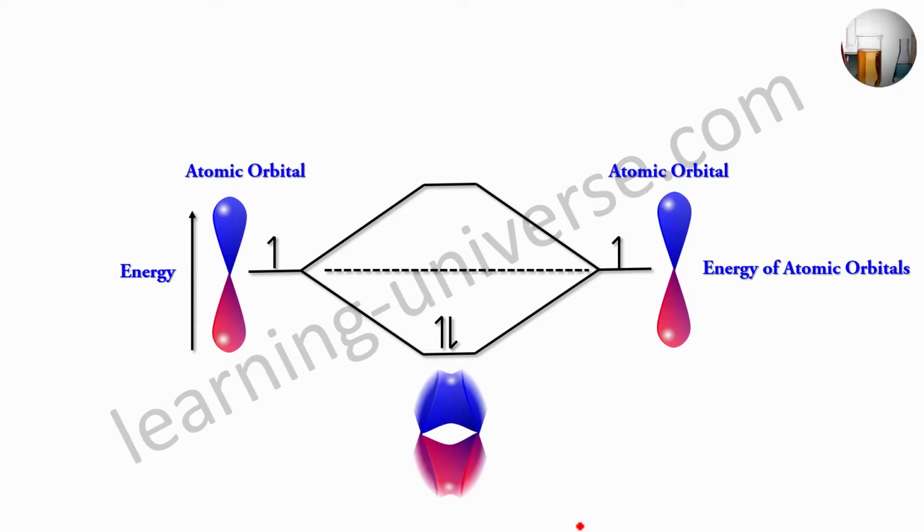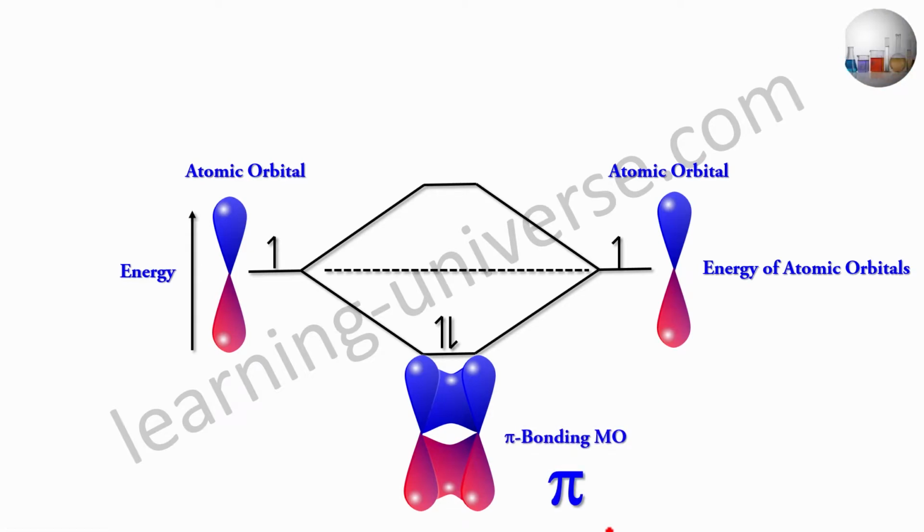This is called the bonding. And as you can see, the blue and the blue bond and the red and the red bond, and this is the constructive interference. The crest of one and the crest of the other, they are meeting together. The trough of one and the trough of the other, they are meeting together. This is called bonding, constructive interference. And this is called pi bonding MO, written as pi.